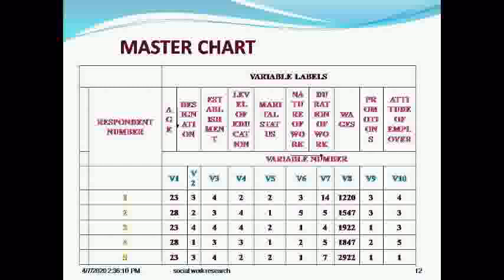See V1, that's variable number 1, means age. V2 is the designation. V3 establishment. Here in a big paper or a spreadsheet, we can transfer all the data in the form of numbers, which can readily be analyzed statistically.